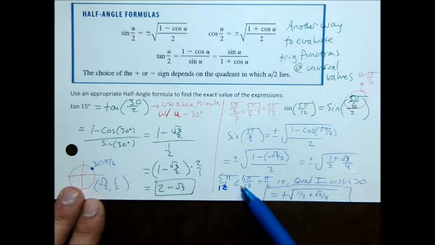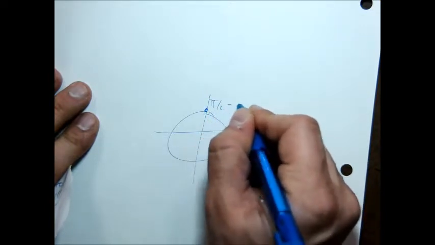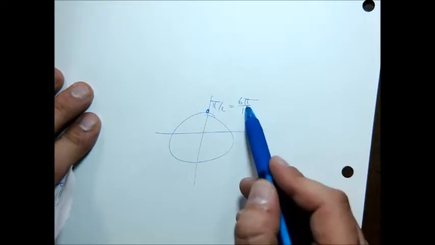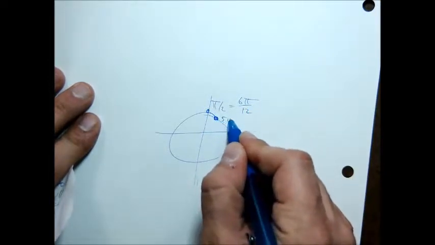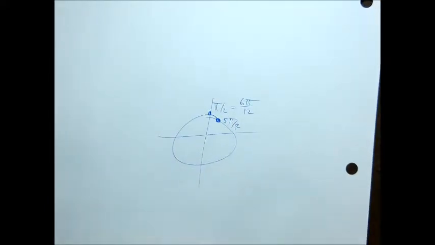And I'm trying to relate it to pi over 2, because that's 6 pi over 12, and I'm realizing that it's less than, right? This point is pi over 2, which is 6 pi over 12. And so if 5 pi over 12 is less than that, it's a little bit to the right, so it's over here somewhere. And so that's what made me pick the first quadrant.